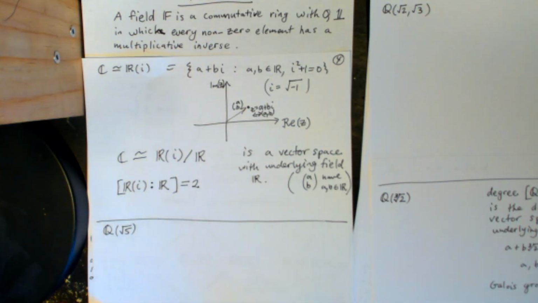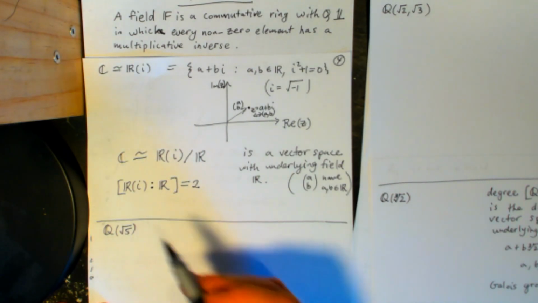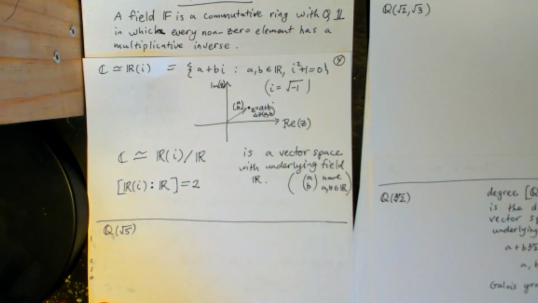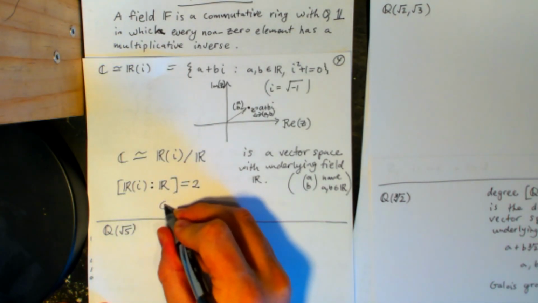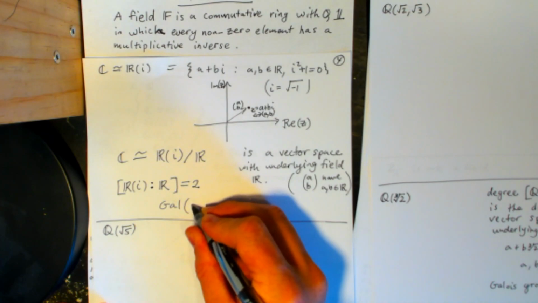Okay, and so now there's a corresponding Galois group here, meaning the group of all automorphisms of this field. So we'll say Galois group of the extension.